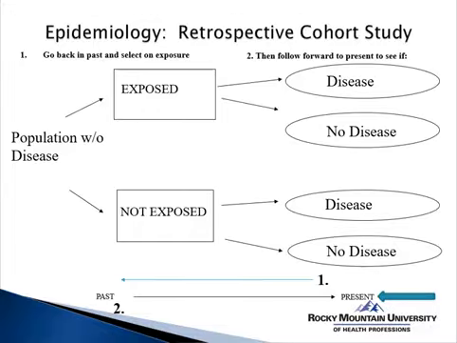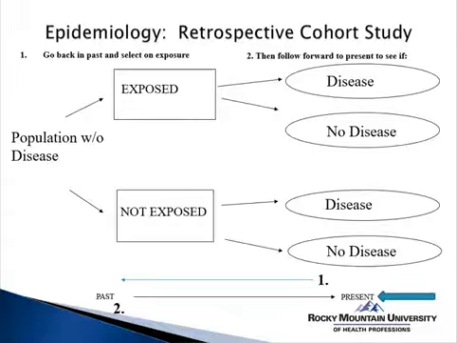So what does a retrospective cohort study look like? It looks similar to a prospective one. If you didn't look closely at the slide, you'd say, wait a second, that looks like a prospective cohort study. But the difference is, here in the present, we're in the present first. That's number one. We don't know the proportions yet. But what we do is we then go back in time.